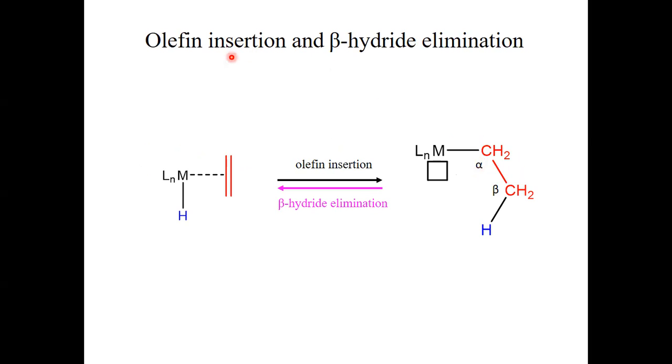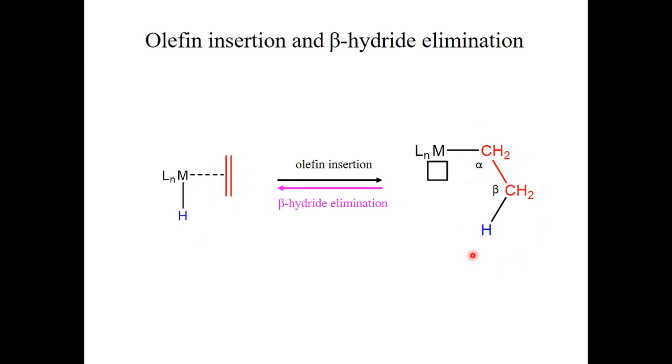Another kind of migratory insertion is the olefin insertion. In this case, the neutral unsaturated ligand is an olefin, and the anionic ligand can be, for instance, a hydrido ligand. So the neutral ligand inserts in between the metal and the hydrogen, and that forms an alkyl group.